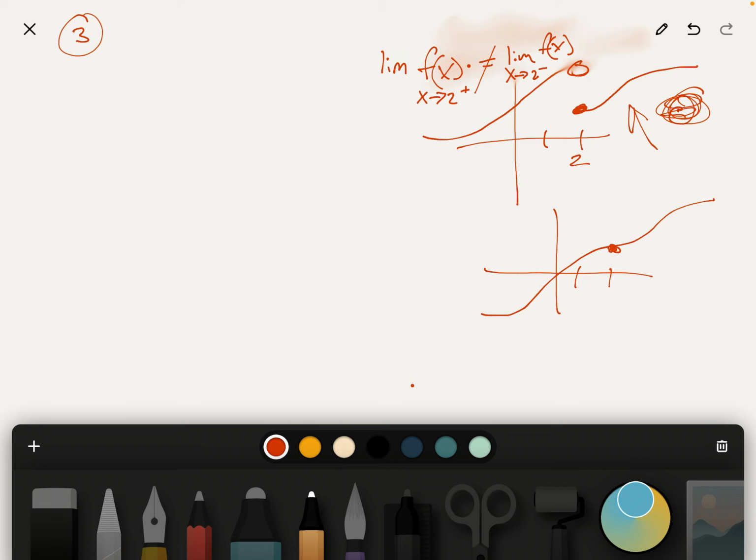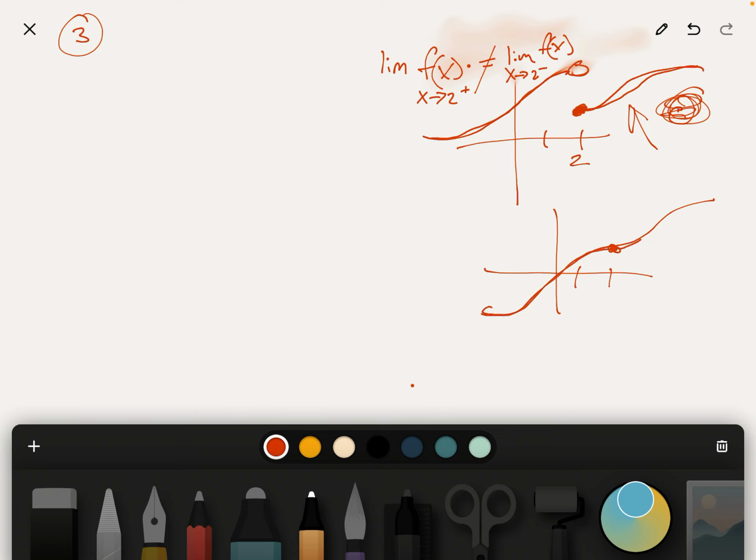It's got one limit at 2 as you approach 2 from the positive side, and a completely different limit as you approach 2 from the negative side. So it is a function, but it's not differentiable because it doesn't have a single limit at x equals 2.